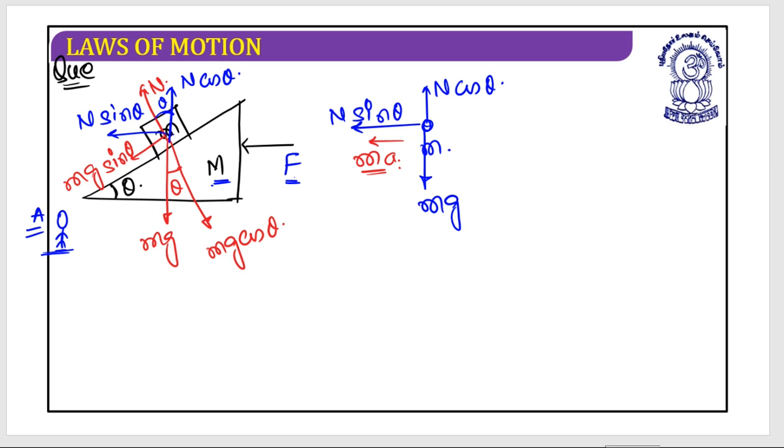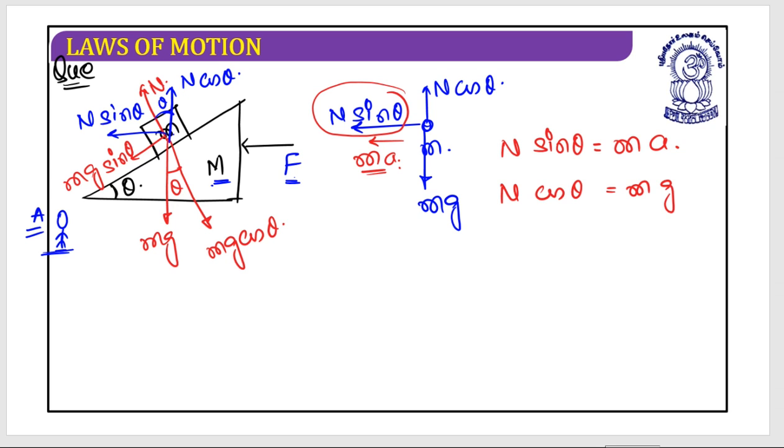This acceleration is being provided by N sin theta. So N sin theta is equal to m into a, and N cos theta is equal to m into g. This is relation number 1, this is relation number 2. If I take a ratio of these, tan theta is equal to a by g.